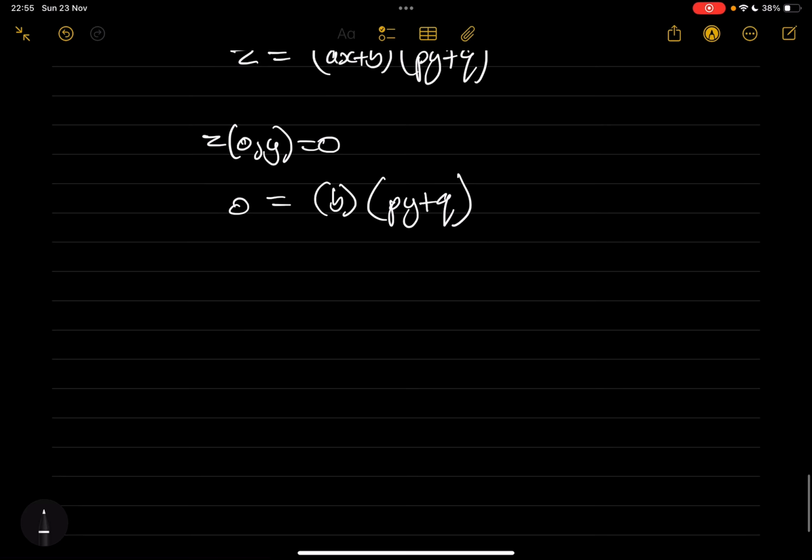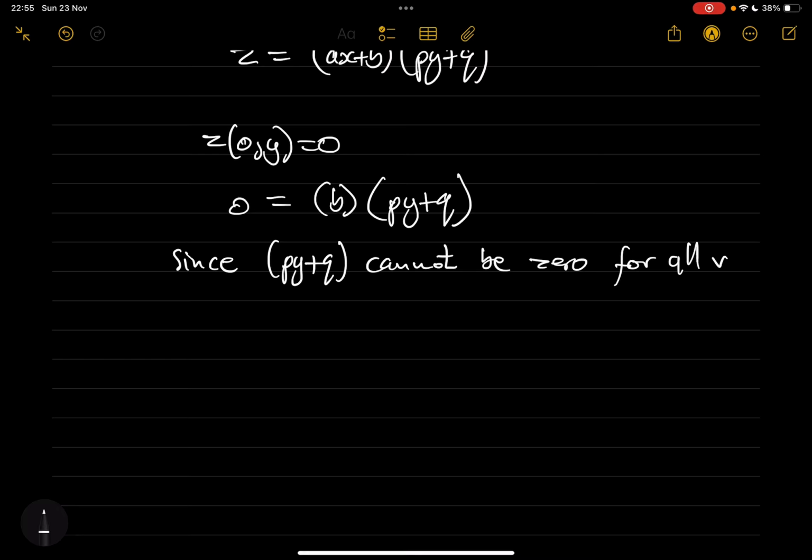Since py plus q cannot be 0 for all values of y, you can basically say whatever value you put here for y, it cannot give you this as 0. Even if you say y is equal to 0, you are still going to get q as a constant. So this cannot be 0 for all values of y. That means therefore b is equal to 0 here.